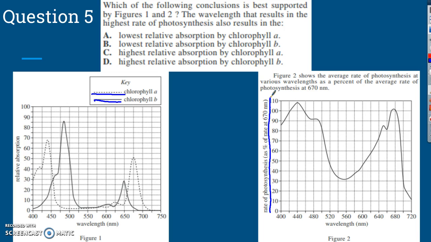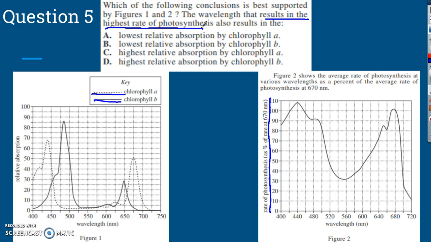So we've got, let's see, which of the following conclusions is best supported by figures 1 and 2. The wavelength that results in the highest rate of photosynthesis also results in the what? So highest photosynthesis also results in what? So let's look at highest photosynthesis.